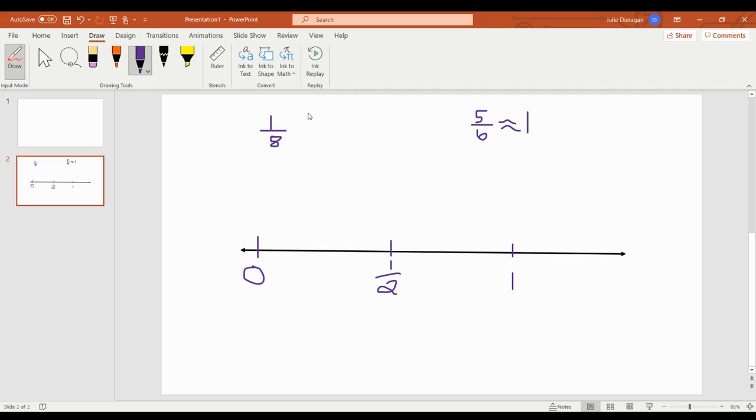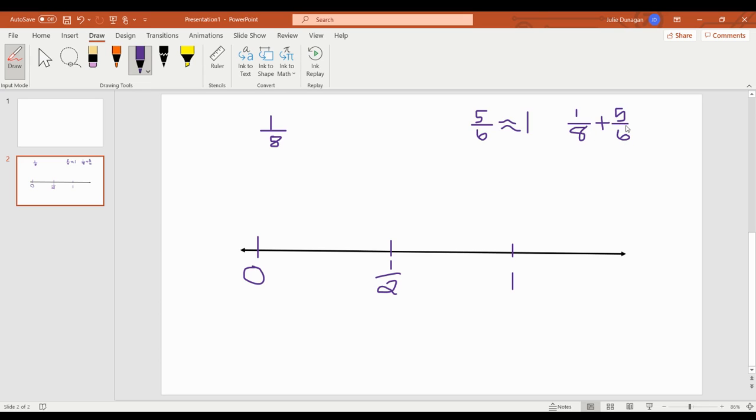So if someone said, let's use this for an example, 1/8 plus 5/6 is about how much, we don't have to figure out the common denominator to add these fractions because someone asked us about how much we have or what are we closest to.